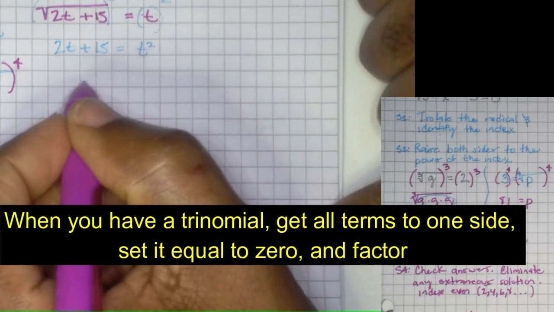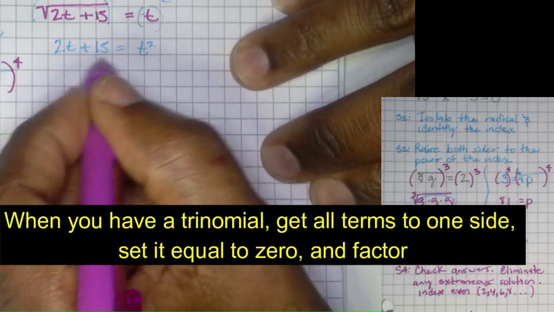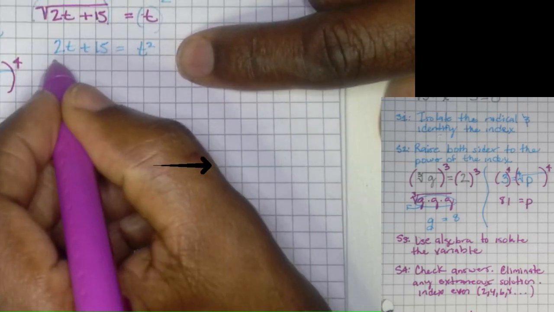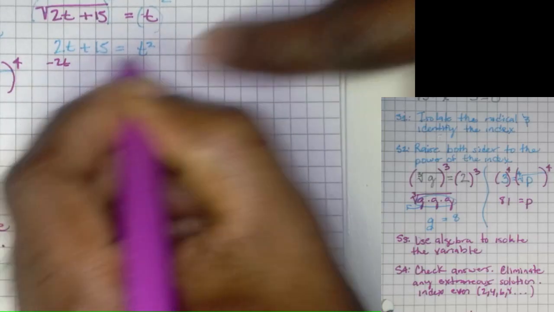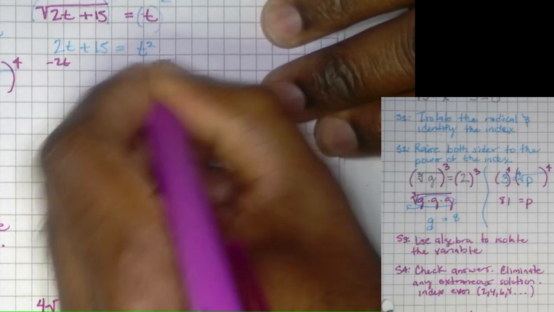Now we have a quadratic. That means we get everything to the same side. I like my a term positive, so we're going to move this 2t over here and the 15 over here. So we'll do one at a time. Subtract 2t on both sides.